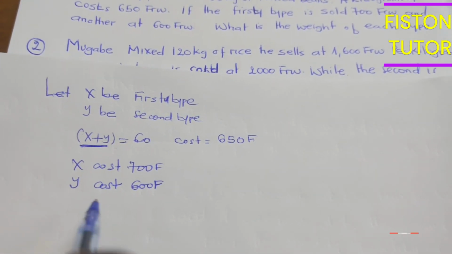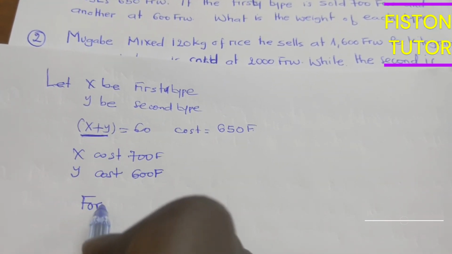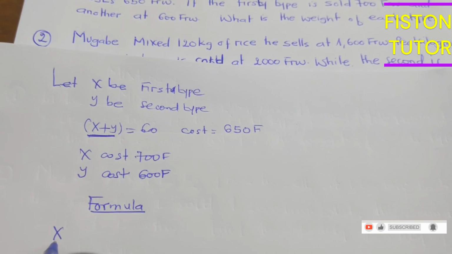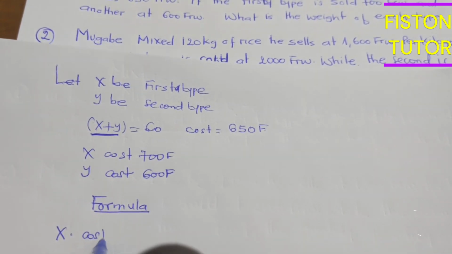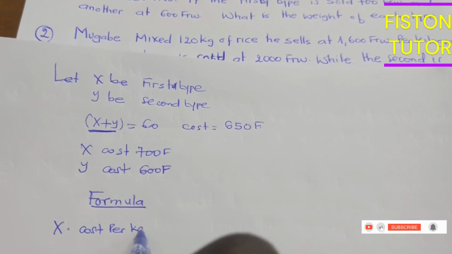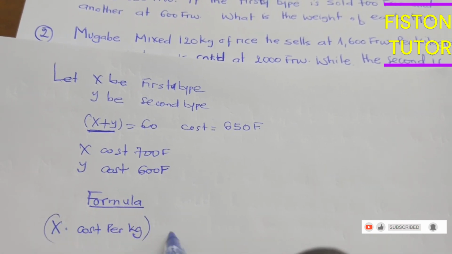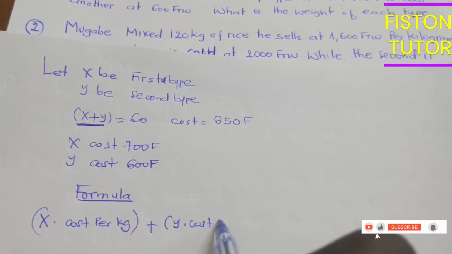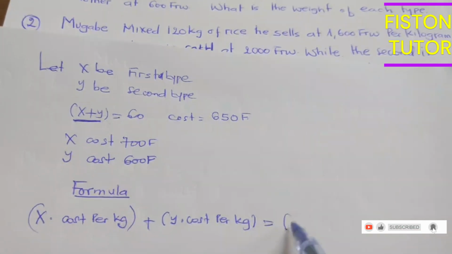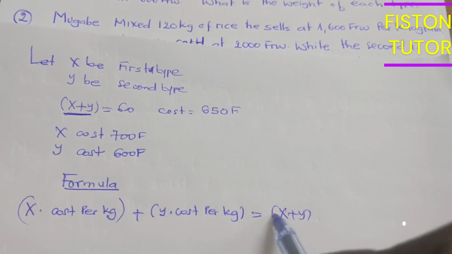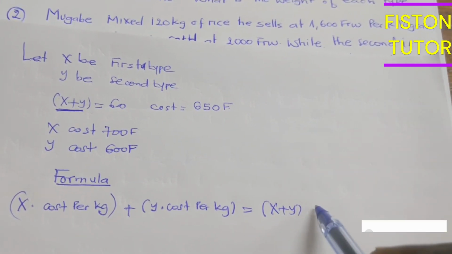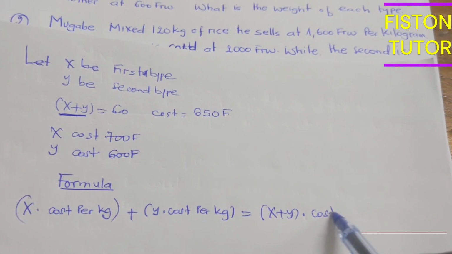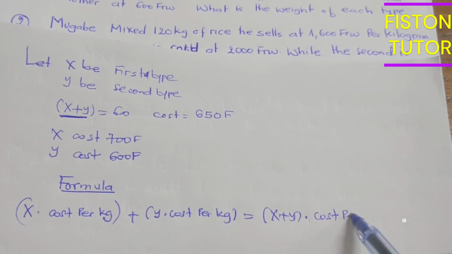Now here we have a formula that must be used, which is: the first type times its cost per kilogram, plus the second type times its cost per kilogram, equals the mixture of X plus Y, the mixture of first type and second type, times its cost per kilogram.